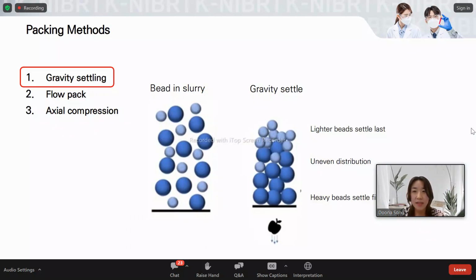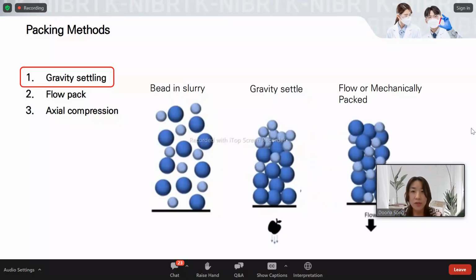The heavier beads settle at the bottom first, and lighter beads take longer to settle at the top. So to create a homogeneous bed, we need to apply force, like flow or mechanical pressure. When we use force, the bed settles faster and more evenly. If we use flow to apply this force, it's called flow packing. If we use pressure to apply the force, it's called axial compression.